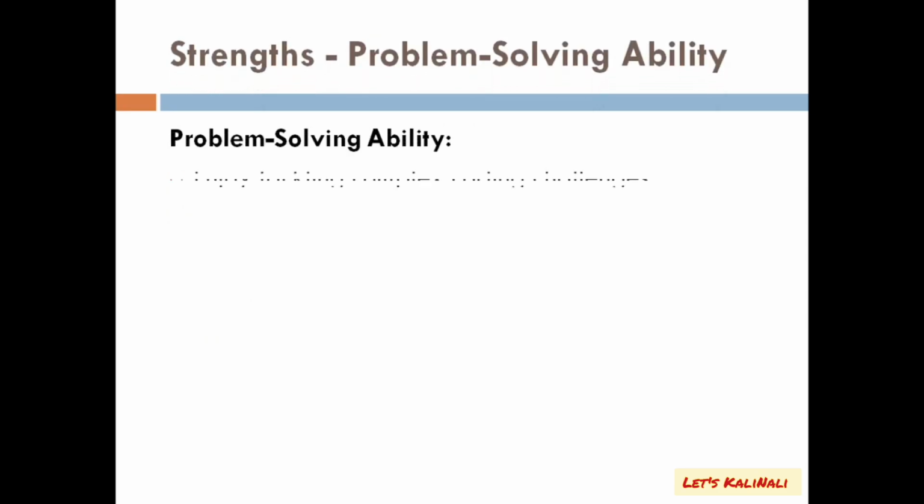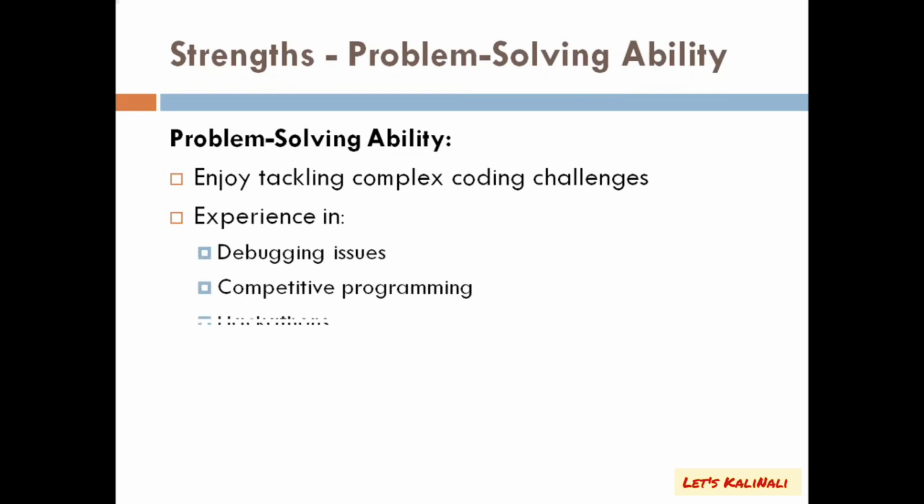And then problem solving ability for a technical student. They need to mention that they enjoy tackling complex coding challenges, with experience mainly in debugging issues, competitive programming, and hackathons. These are the strengths of a technical student.